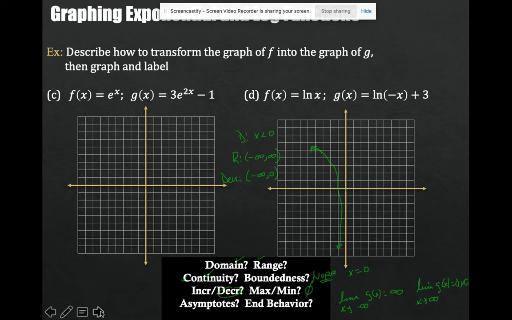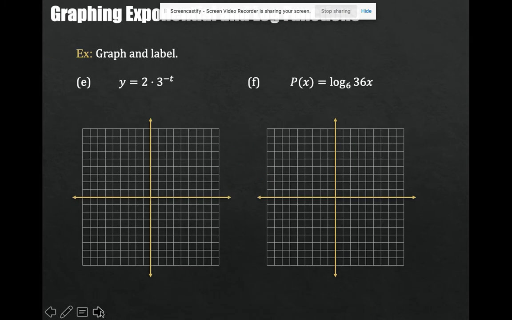All right, now we can go on to the next one and try another example. So maybe pause the video and try this, and see if you get the same answers I do.